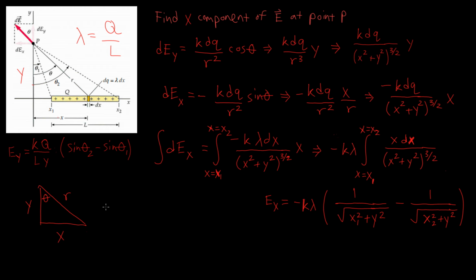And so let's find the cosine of theta. That would just be equal to the adjacent side over the hypotenuse, denoted with hyp, and the adjacent side to this angle is just given by y, and the hypotenuse is given by r.